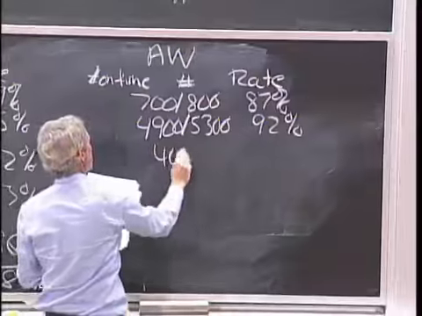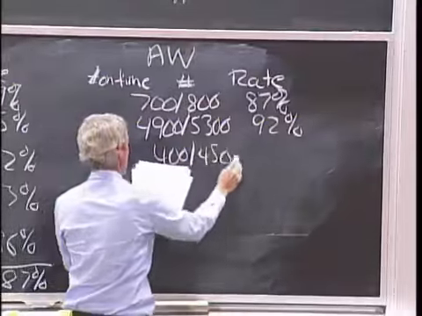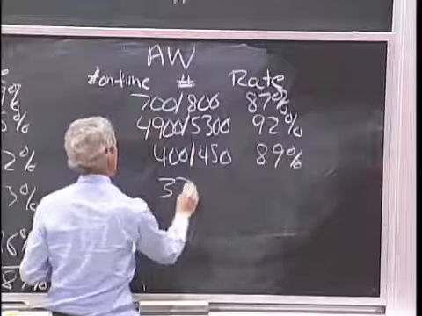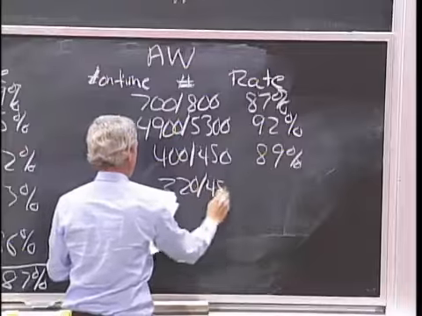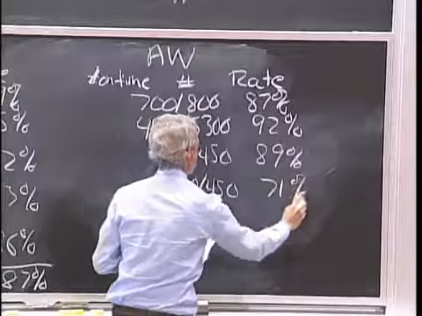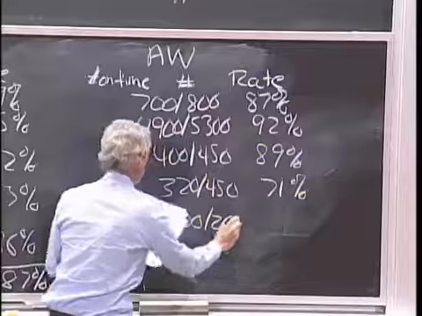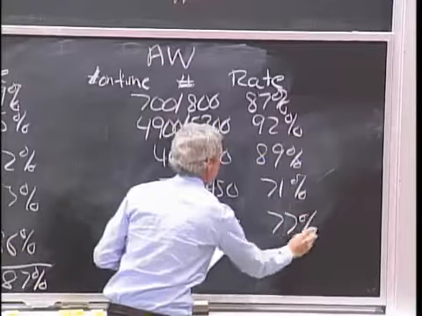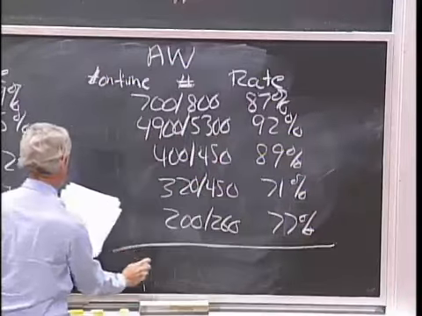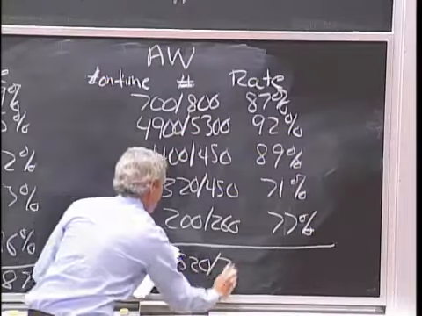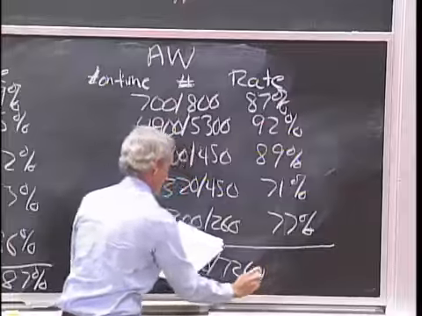And 400 or 450 for 89%. 320 for 450, 71%. 200 over 260 for 77%. And then you add all them up, and you got 6,520 over 7,260 for 90%.